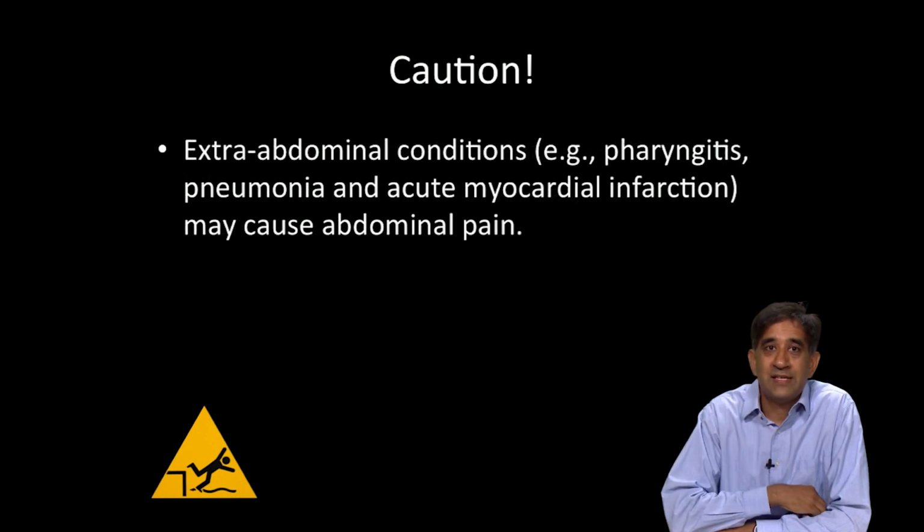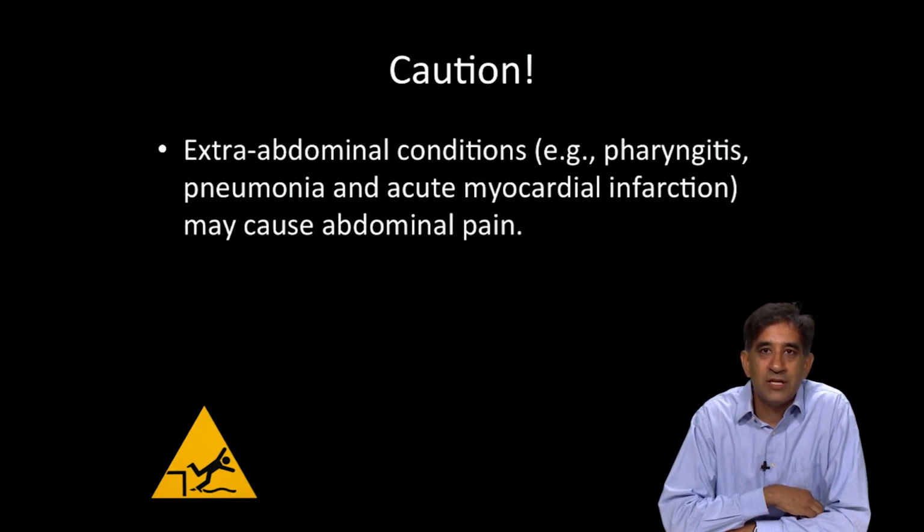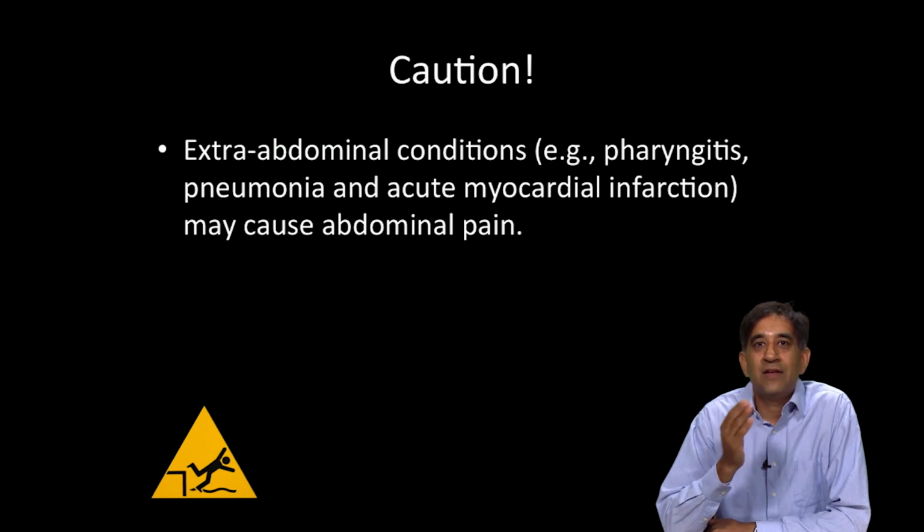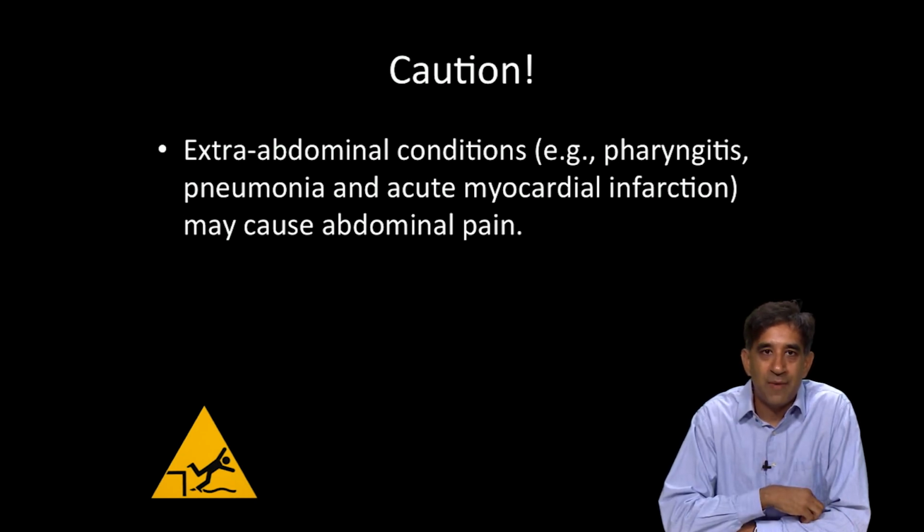The corollary to this is that some extra abdominal conditions, such as pharyngitis, pneumonia, or an acute MI, can cause abdominal pain. So just because the patient is having abdominal pain, don't forget that it may be a condition that lies outside of the abdomen, like pneumonia or an acute MI.